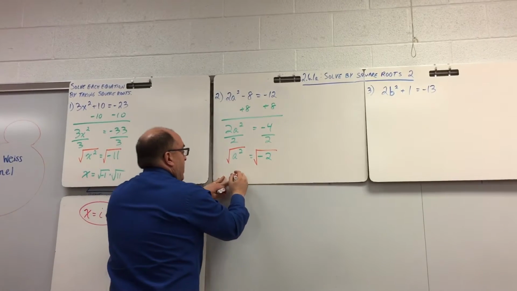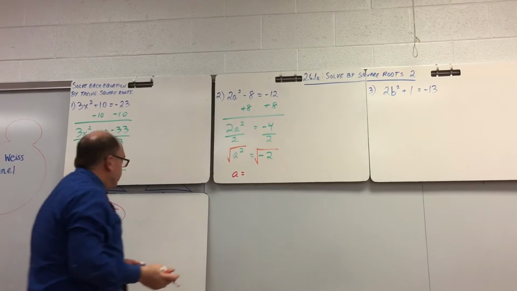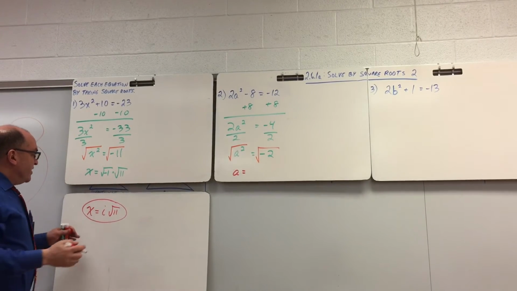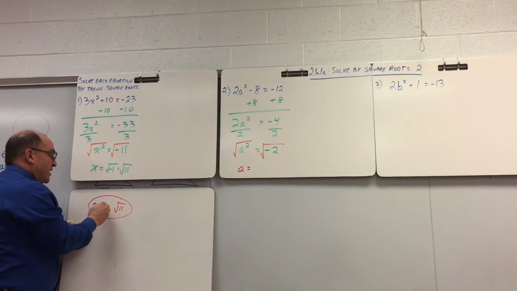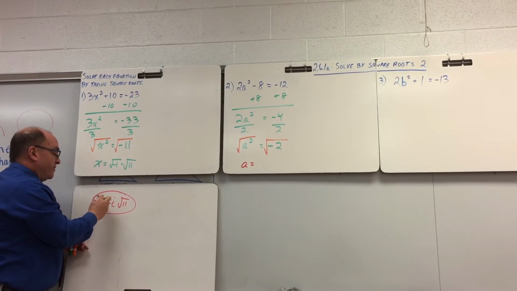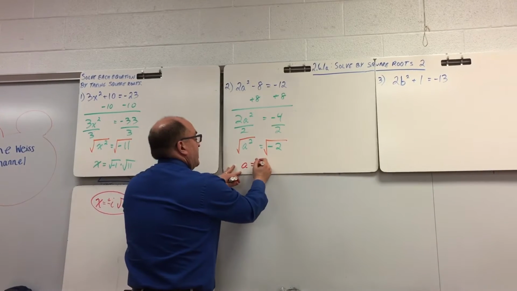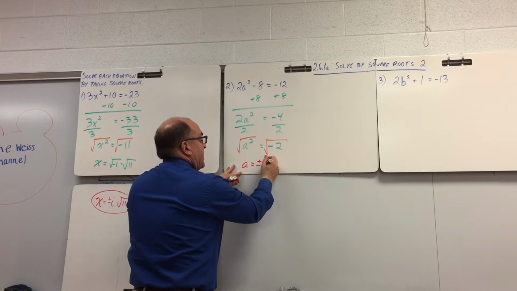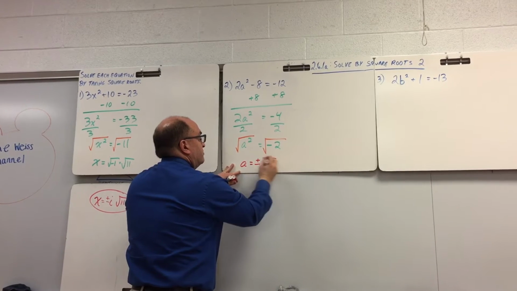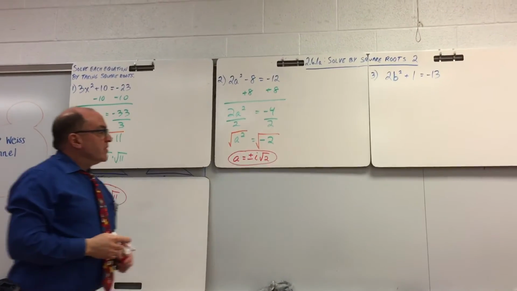So we say a equals, of course I forgot to say plus or minus. I'm sorry. Plus or minus. There are two answers here, positive and negative. Okay? a equals plus or minus i square root of 2. Done. Just leave it like that. Okay?